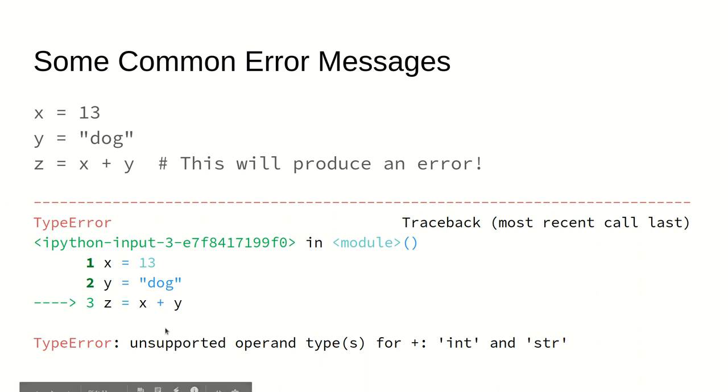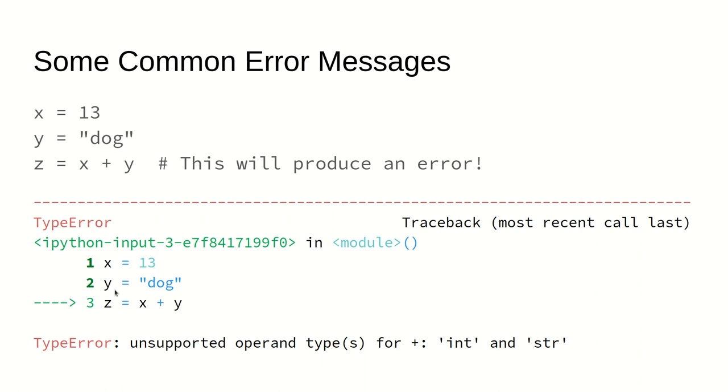The type error here is that I've used unsupported operand types for plus. So this means I gave plus two things that it doesn't know what to do with both of them. In particular, I've given an integer, the number 13, and I've given a string, the word dog. And I've asked plus to add those two together.